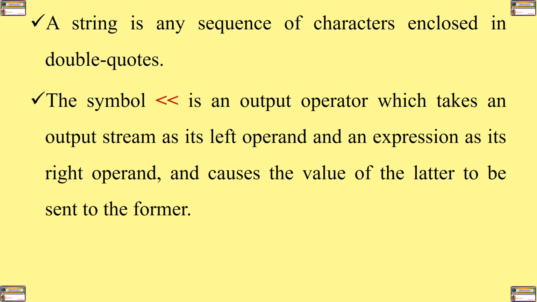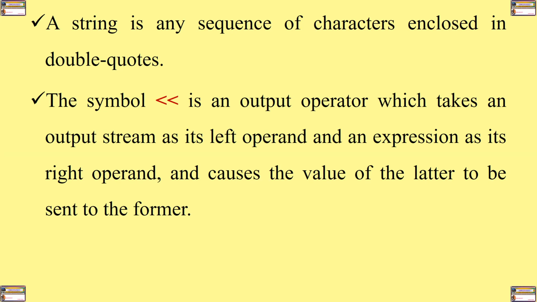When they are put together this way in C++, we don't call them less than signs. When they appear like this, we call them an output operator. It is treated as a single operator, and it is called an output operator, or an insertion operator.